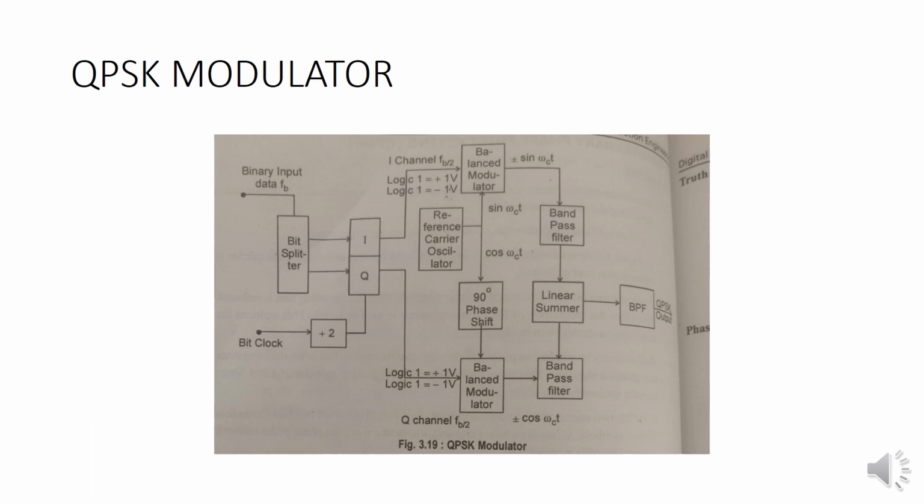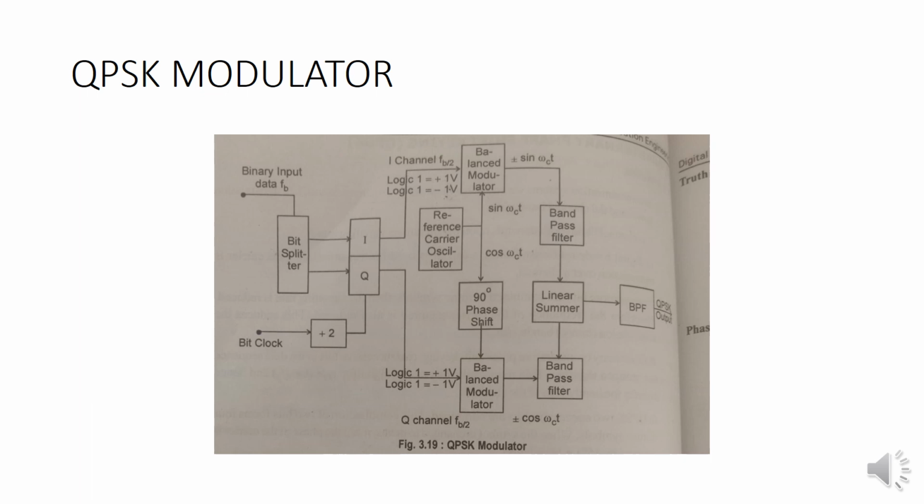Once the dibit has been split into the I and Q channels, the operation is the same as the BPSK modulator. A QPSK modulator is two BPSK modulators combined in parallel. For logic 1, that is plus 1 volt, and logic 0 is equal to minus 1 volt. Two phases are possible at the output of the I balanced modulator, and two phases are possible at the output of the Q balanced modulator.